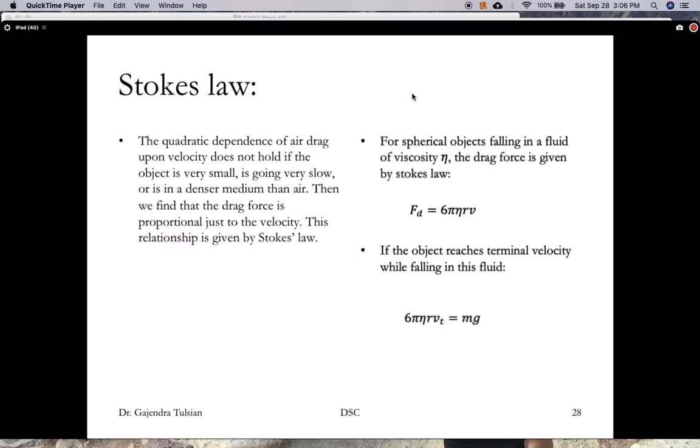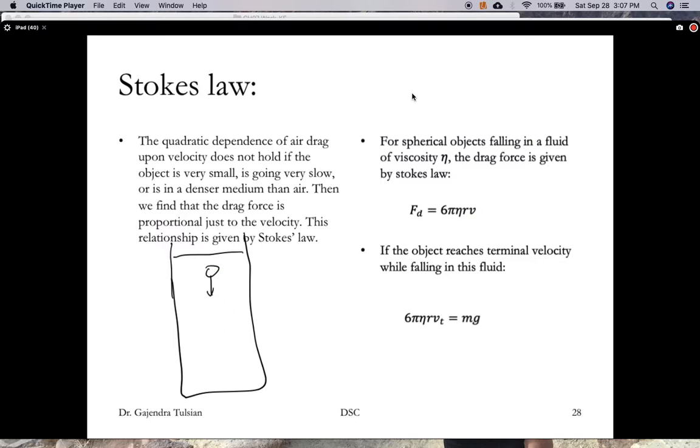And when it reaches terminal velocity, the drag force is equal to the weight of the object. And so you can actually do experiments like this. Take a long beaker of oil, drop a steel ball, and measure its terminal velocity. Once it achieves terminal velocity, you can measure how long it takes to cover a distance.